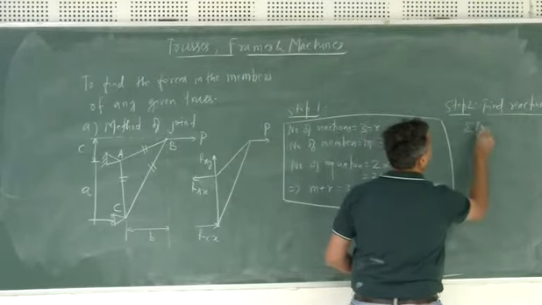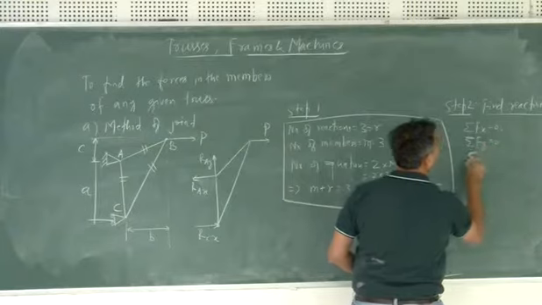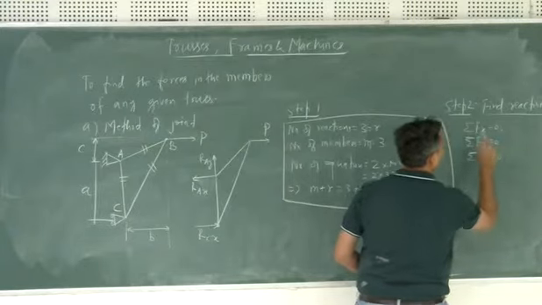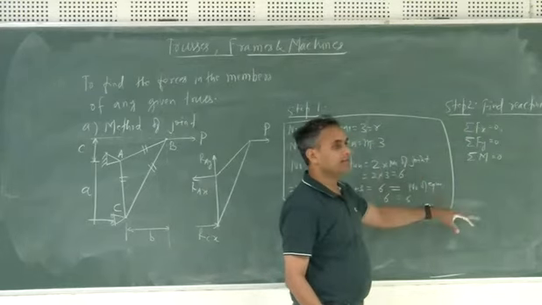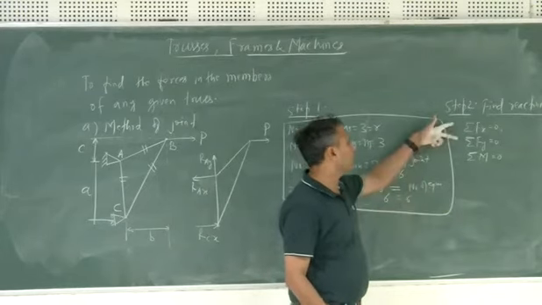Here you can use these three equations. Remember that these three equations can be applied to the whole body, but when you are writing the equilibrium at the joint, it is just 2.